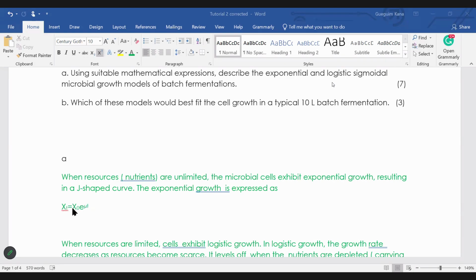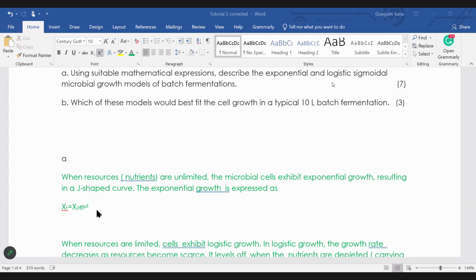It is an exponential equation of growth, which assumes that cells will grow indefinitely. And that is only possible when cells are in the presence of an unlimited supply of nutrient.